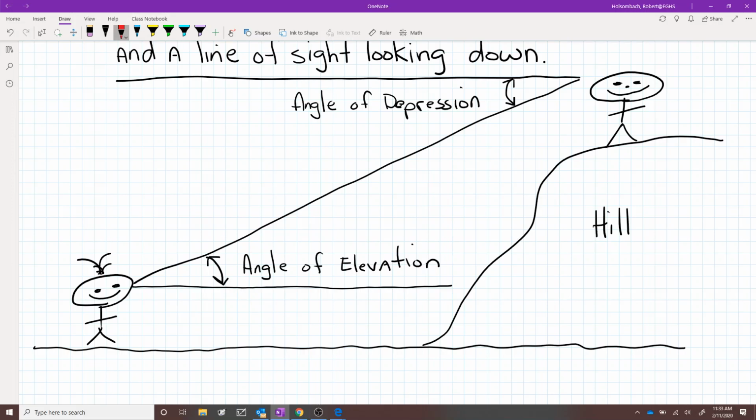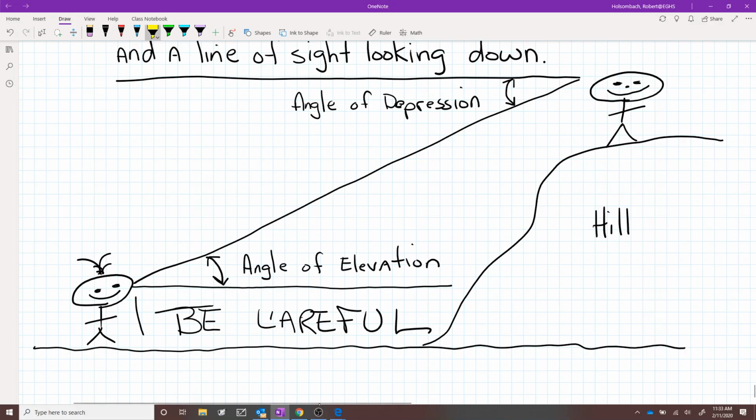This area right here, this is called be careful. That's the be careful area, right in here. I'll show you why when we do a couple of example problems.